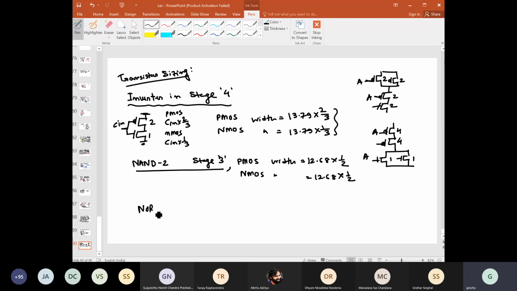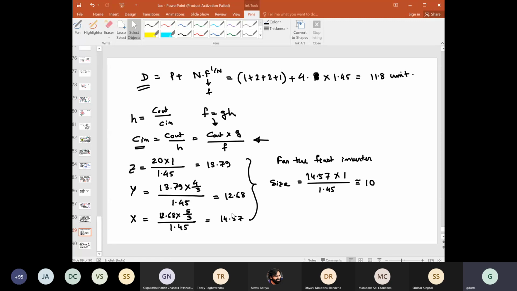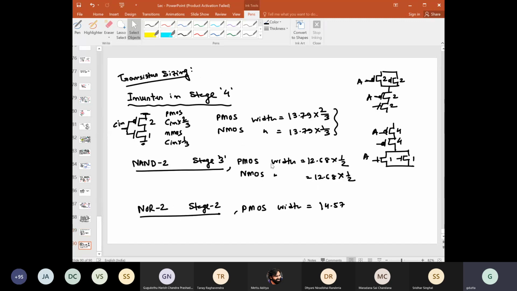So for this NOR 2, the 2-input NOR gate, which is stage 2, the PMOS width would be based on the size, which is 14.57. So you can see here, this is X, 14.57. So this is 14.57 times 4/5, right? Because you can see the PMOS is taking 4 units out of the total 5 units. And this NMOS width would be 14.57 times 1/5, right?